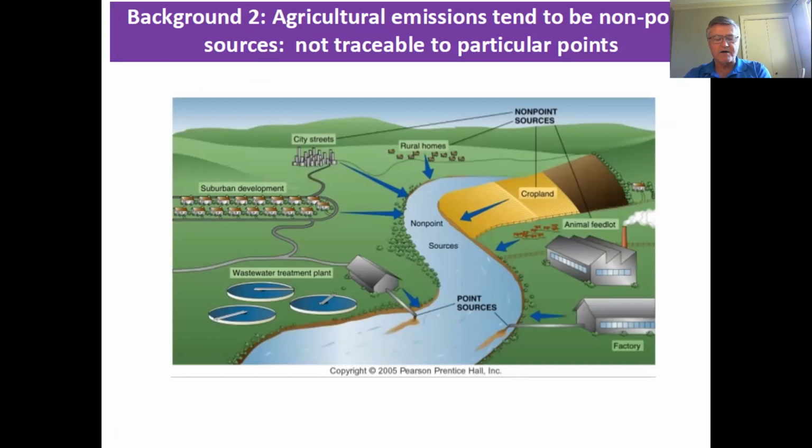They can often be dealt with by some type of regulation or penalties for excessive emissions. And then what we're dealing with here with agriculture and other non-point sources, like rural homes and city streets, are things where it's harder to know how important they are and harder to know how to deal with them.